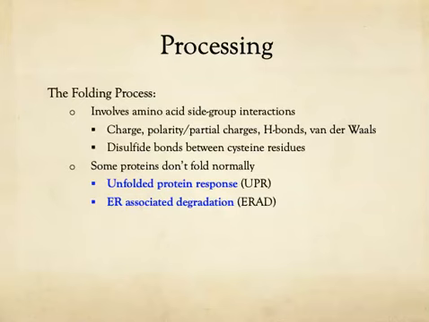Now, while many proteins get folded up into the correct shape on the first try, there are some proteins that will be misfolded. The good news is that many misfolds are corrected while they're happening.